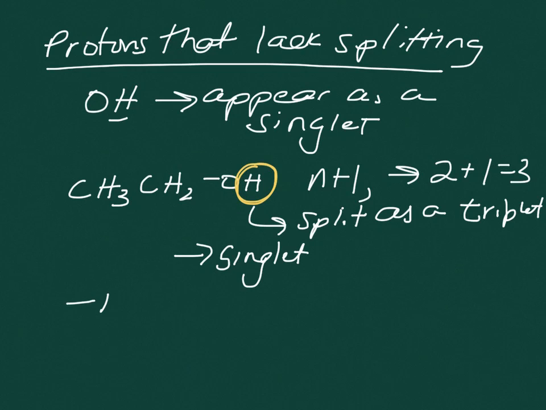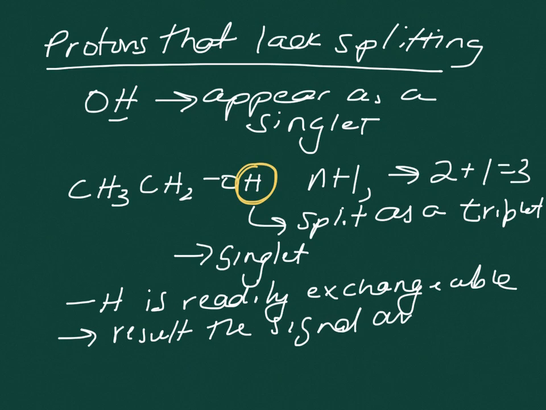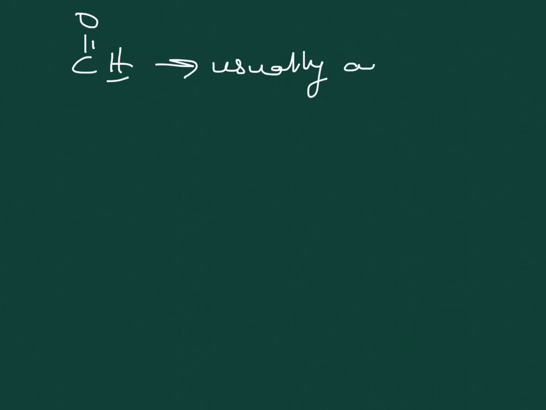The reason is that this H is readily exchangeable, and as a result, the signal averages to a singlet. So remember that OH protons do not show splitting typically. In addition, an aldehyde proton usually appears as a singlet.